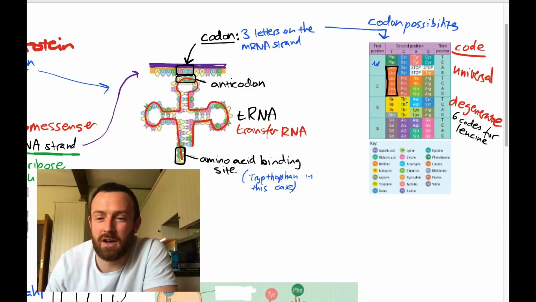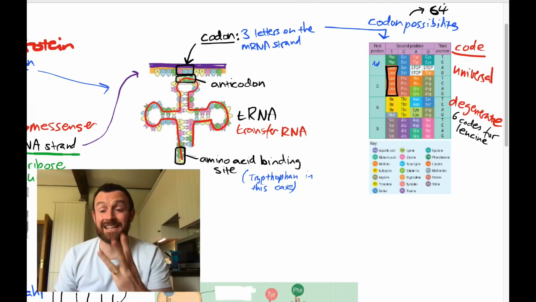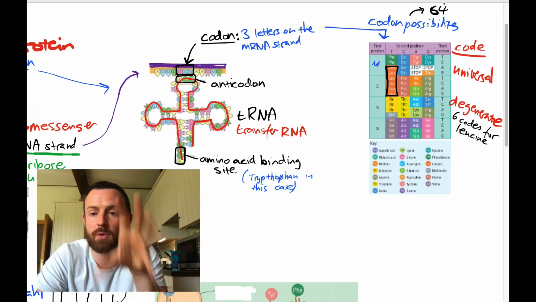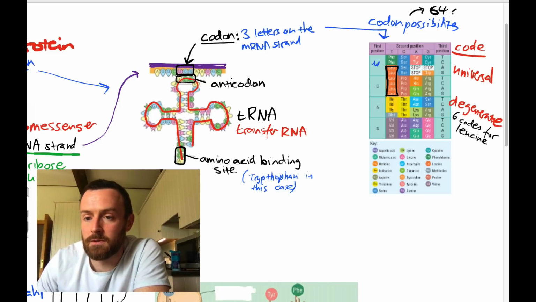And that is because if you do the maths of having 4 different letters and 3 of those letters together, there are 64 different possible codes, but there's only 20 amino acids.